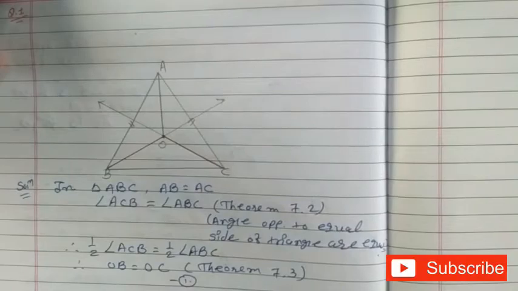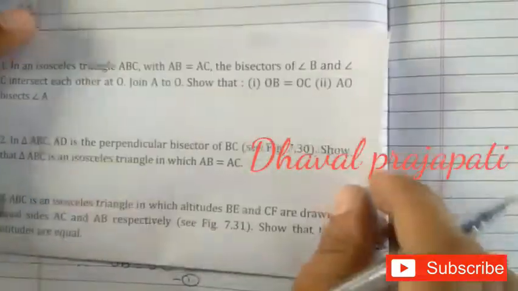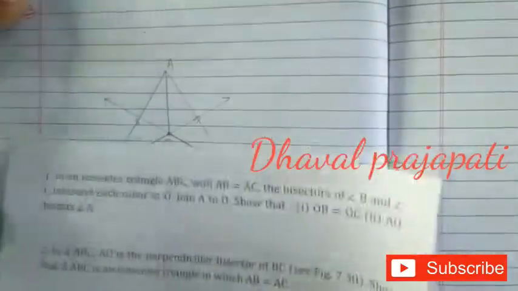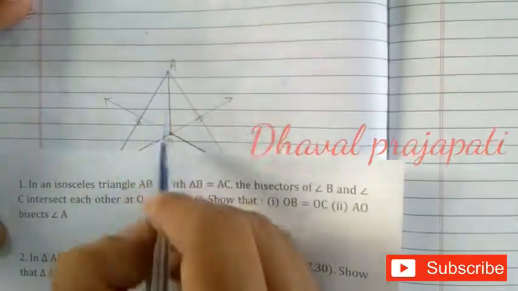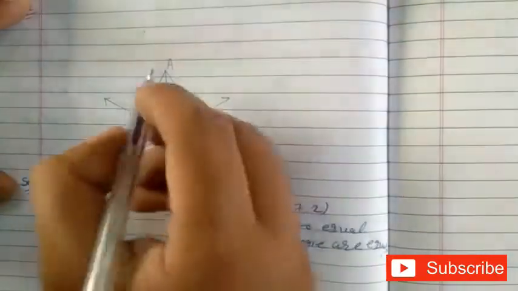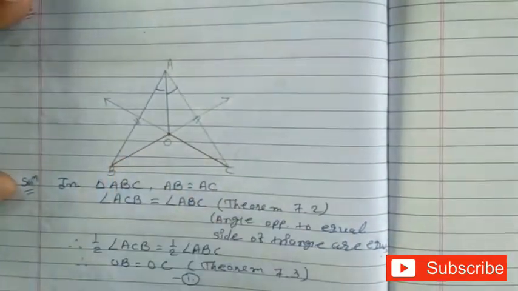Now let us see the second one. In the second one we need to show that AO bisects angle A. That means both angles are equal. We need to prove that.